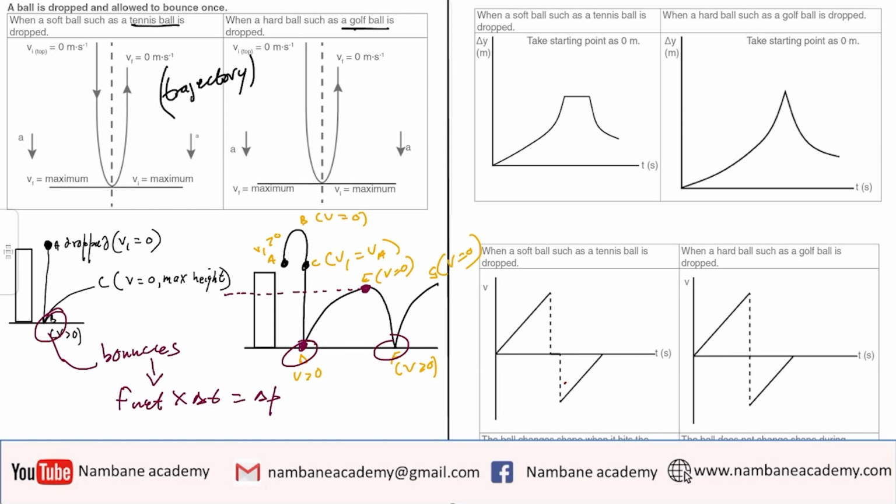Because that is the only concept that allows us, when we have one object that is now colliding with itself or the ground, sorry for that, then it means we can only do that because we know M times V final minus V initial, and hence the M is only for one object. However, we have two different types of balls: a hard ball and a soft ball.